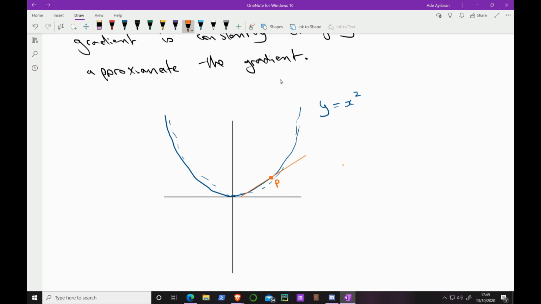Now we can find the gradient easily on this line, because another definition of differentiation is that the gradient at point P is equivalent to the gradient of the tangent.